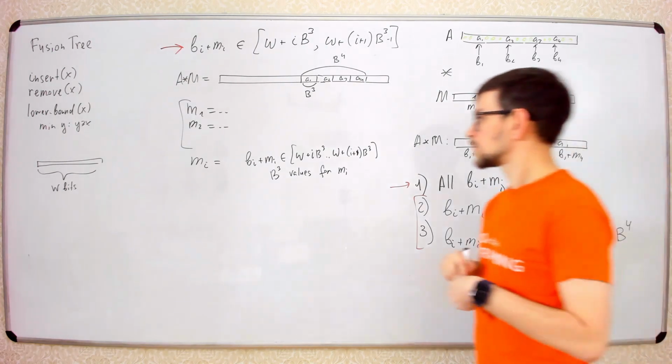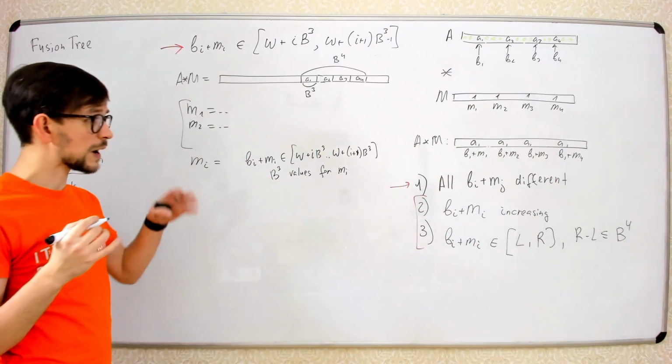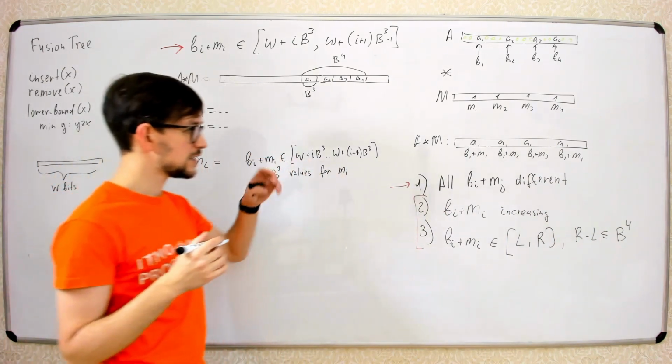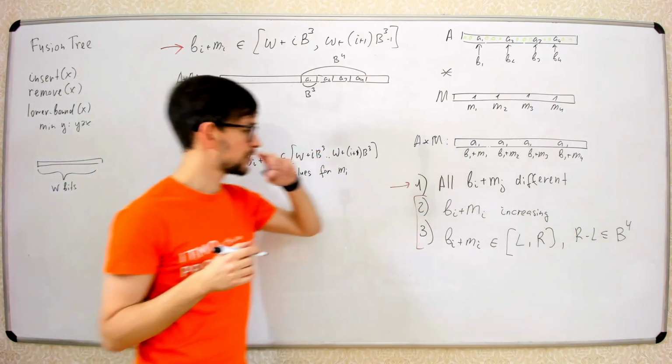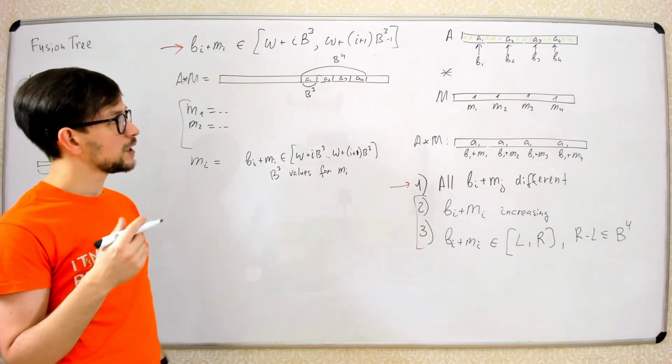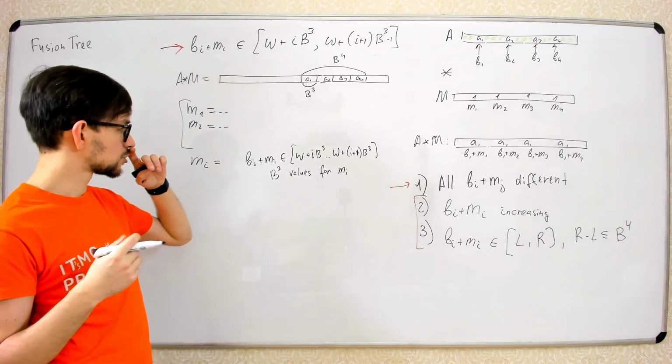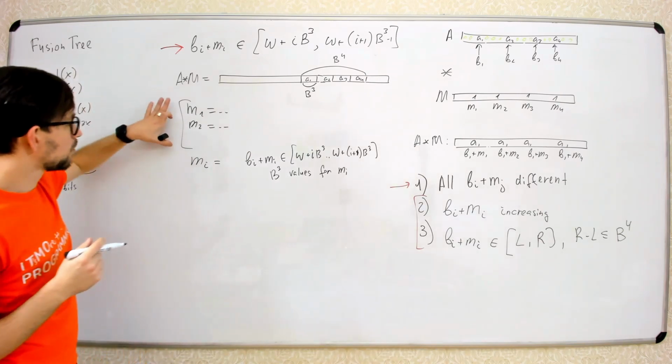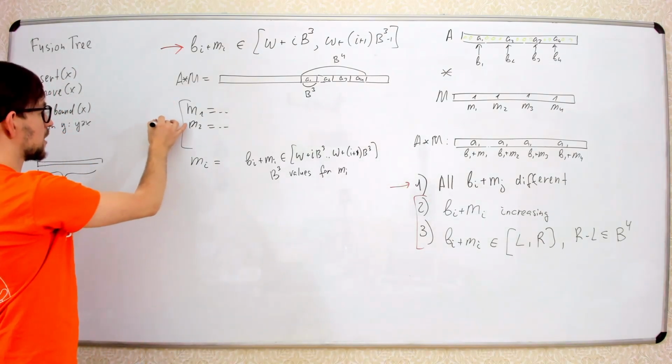I cannot use a value if some of these sums will be the same. So how many values actually cannot be used? For all previous elements here, I have I minus 1 elements.